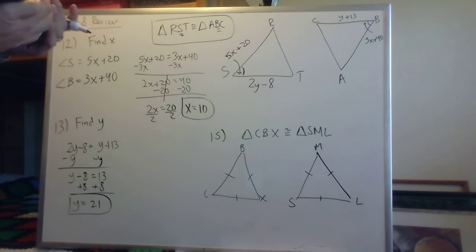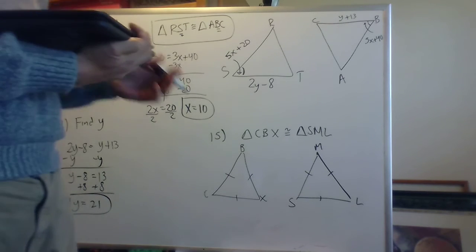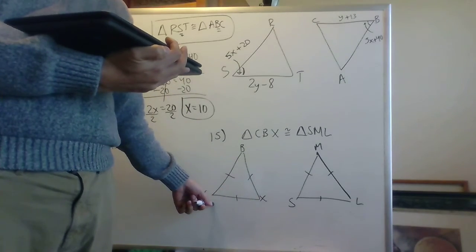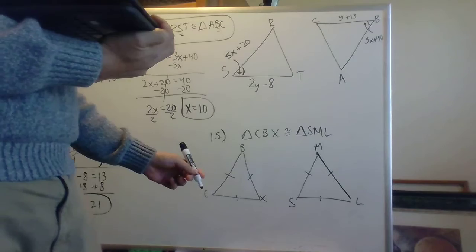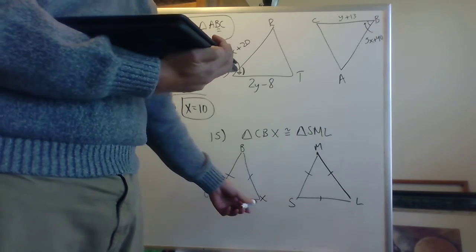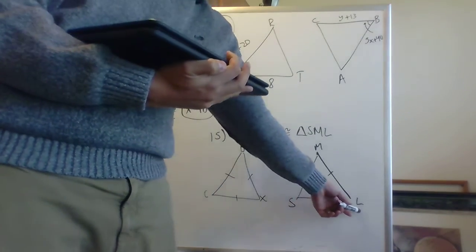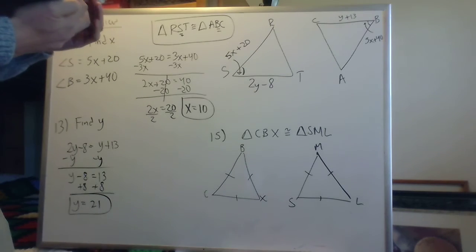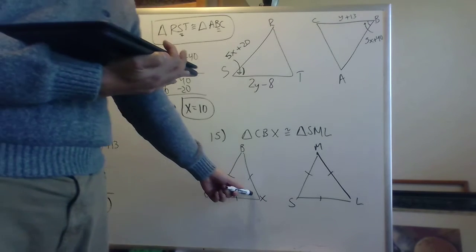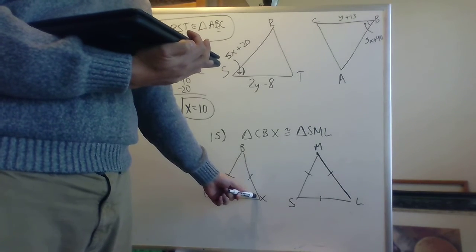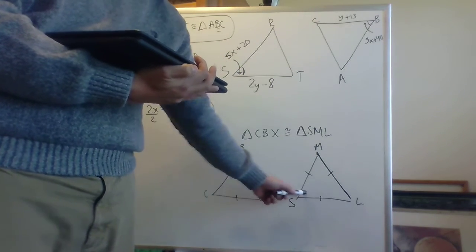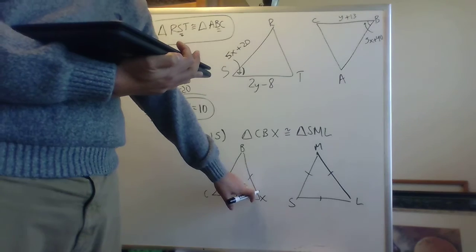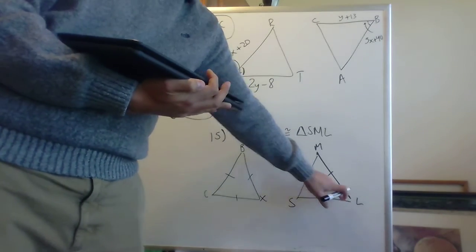When we look at G, it says side XC is congruent to ML. Well, if we look at it, XC is congruent to LS, so that is not a solution. And then H says angle X is congruent to S. If you look, that does not match up, because angle X corresponds to angle L.